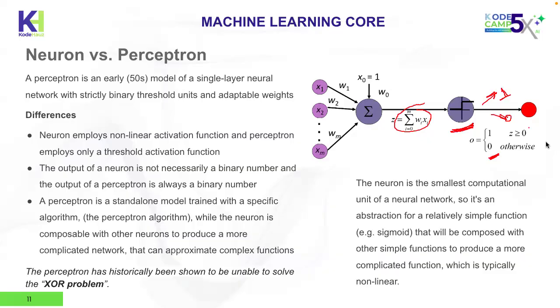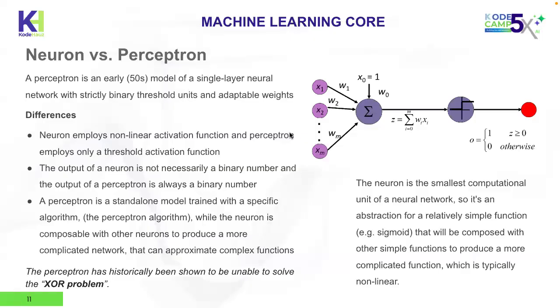The real reason for that issue is because a single neuron is a linear model. It has a line as its decision boundary, which we are going to talk about soon. Because it has a line as its decision boundary, it cannot solve the exclusive OR problem, because the exclusive OR problem cannot be solved by a single line as a decision boundary.